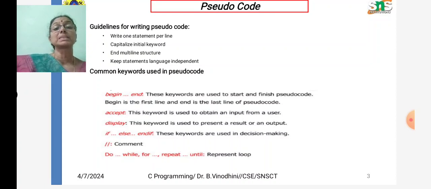We can represent these in a comment using the double slash. Next, for looping statements we have DO, WHILE, FOR, REPEAT, UNTIL. These keywords are used to represent loops. These are the main keywords used to represent pseudocode.